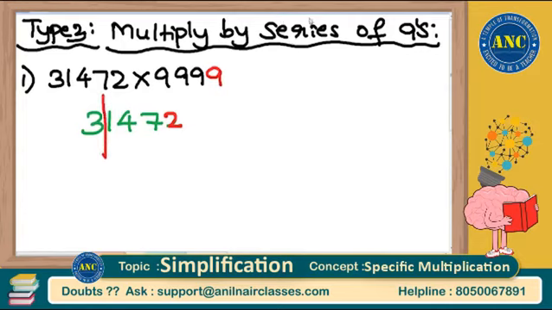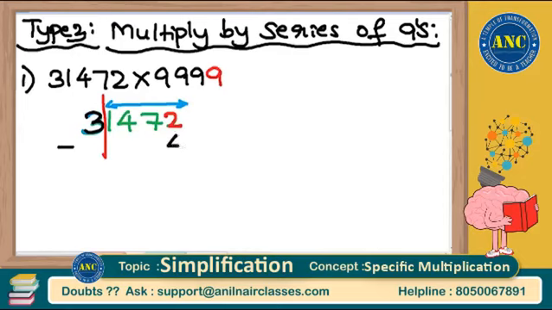If I keep a slash after 4 places, on the left hand side of the slash there are some digits, and on the right hand side there are some more digits. Let us take them individually. Left hand side of the slash I have a digit 3. Add 1 to it. 3 plus 1 is 4.